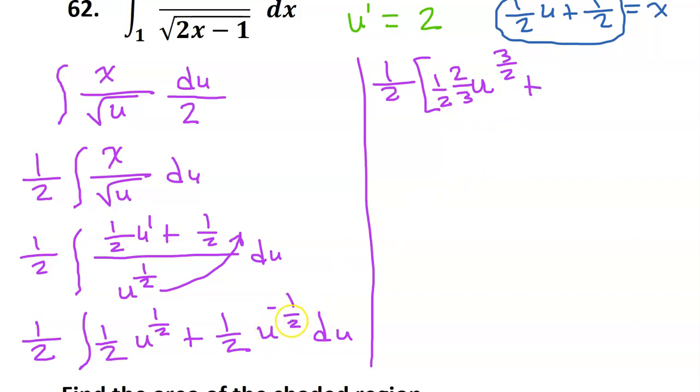Adding 1 to negative 1/2 gives me positive 1/2. Then you divide by the new power, which becomes the reciprocal, which is a 2. But then I still had 1/2 that's in front of there, so that'll be nice later. Okay, so that's it for that.